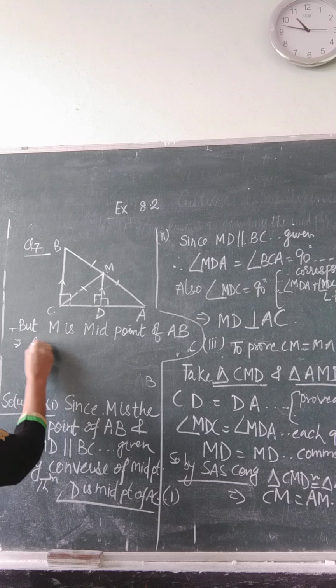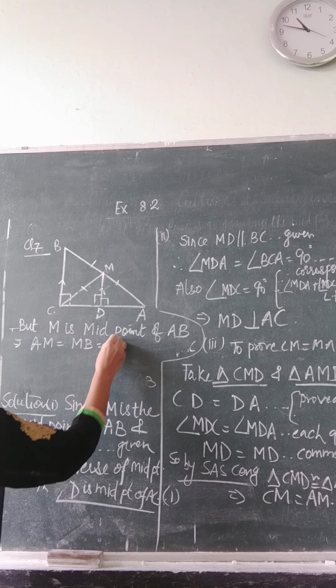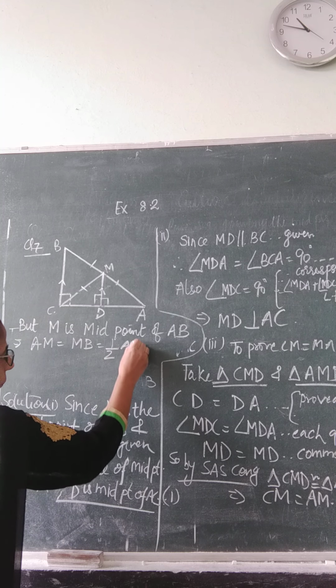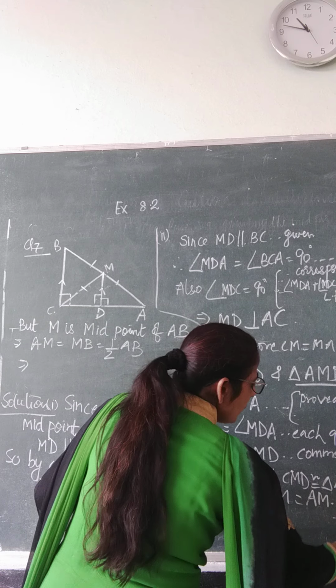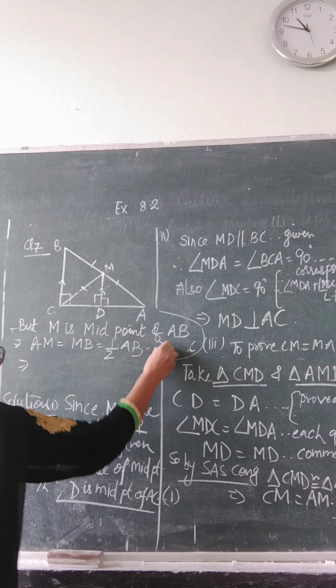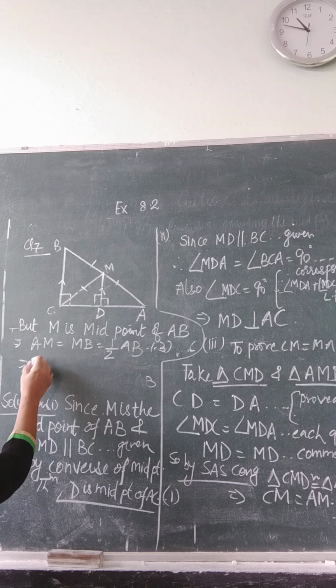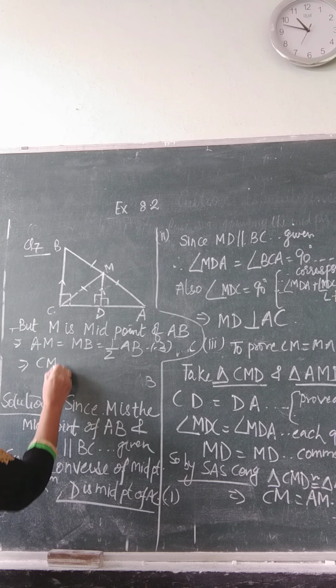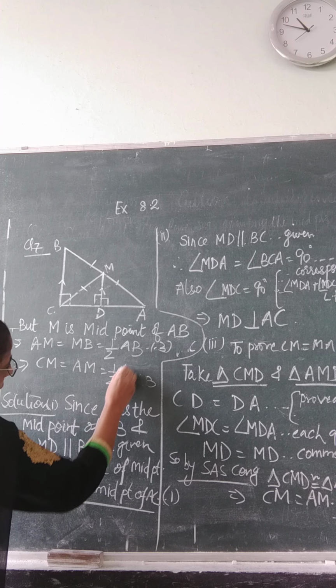Therefore, AM is equal to MB is equal to half of AB. So, by 2 and 3, CM is equal to AM is equal to half of AB.